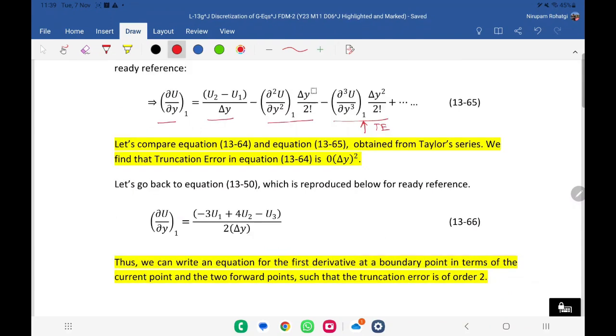Equation u3 is at y equal to twice delta y. You have y equal to 0, then first point, second point is at y equal to delta y, and the third point is at y equal to twice delta y.